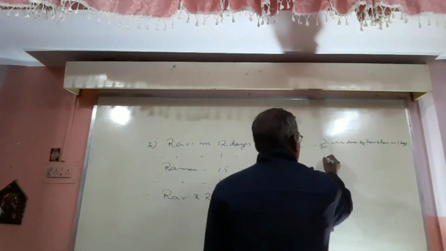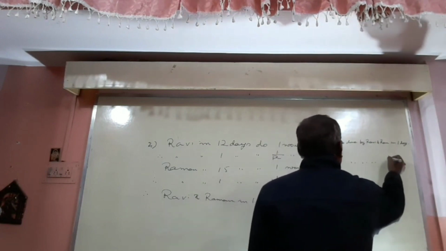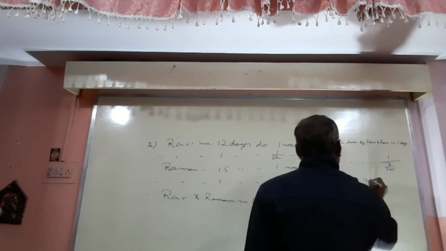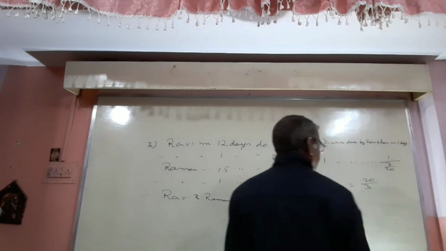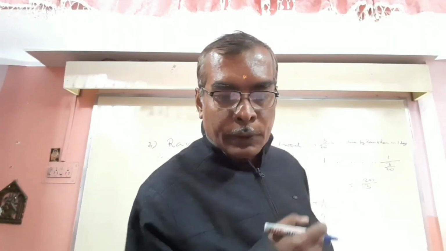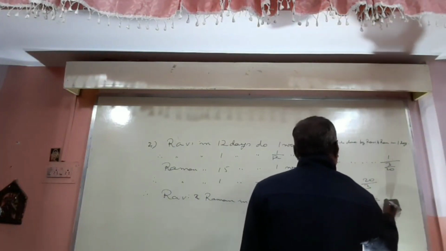So one work done by Ravi and Raman is 1 divided by 3 by 20, which is equal to 20 by 3. And this is equal to 6 2 by 3 days.